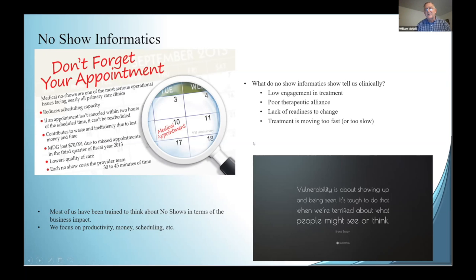There's definitely some sort of communication breakdown when a no-show happens, whether on the side of the client or the counselor. We need to find where that happened. Did it happen because they felt like they were fine?